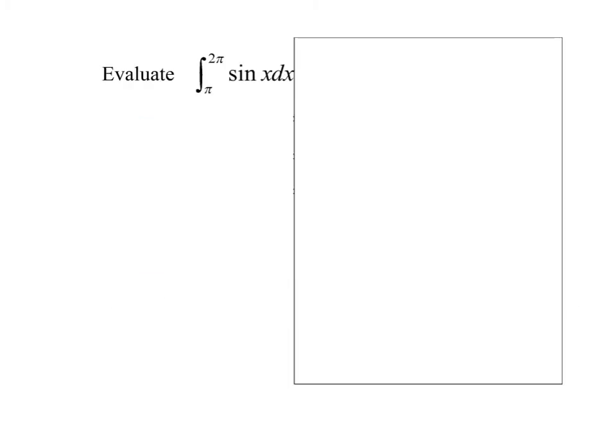So this first example, we actually did this question in the previous lesson, but we'll look at it again. This is just a sine x graph, so we know it's a regular sine curve. It would have 0, pi, and 2 pi, and it would continue, but we're only looking at pi to 2 pi. From an integral perspective, the integral of sine is negative cosine, and we're going to go from pi to 2 pi.